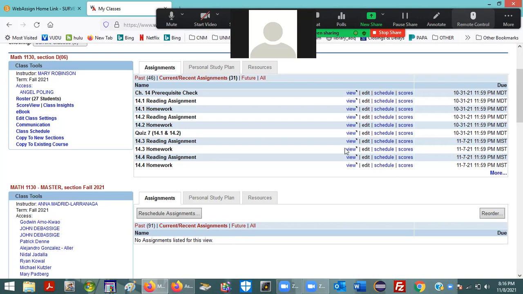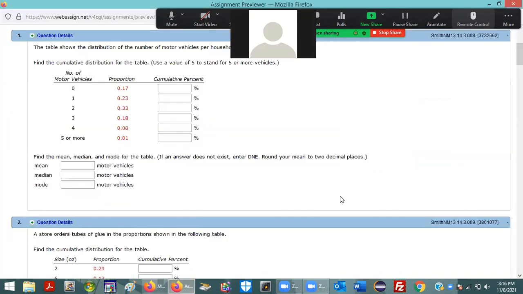Okay, that sounds better. Let's take a look at question number 1. We're in section 14.3. So the cumulative percent is to add each previous percent, right? So right now we have 17%.